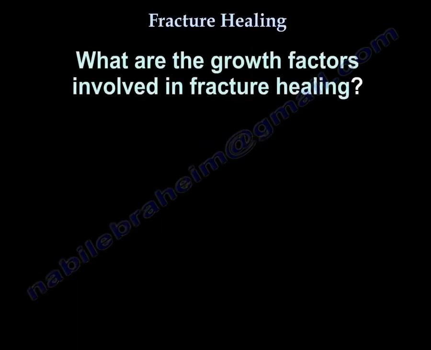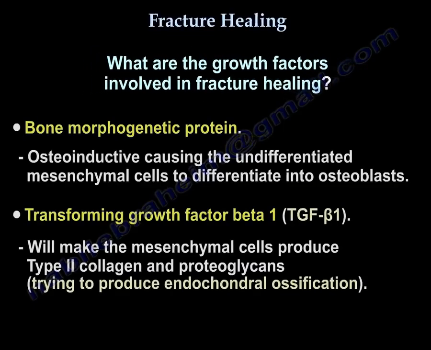What are the growth factors involved in fracture healing? Bone morphogenic protein is osteoinductive, causing undifferentiated mesenchymal cells to differentiate into osteoblasts. And you have transforming growth factor beta 1, which makes mesenchymal cells produce type 2 collagen and proteoglycans, producing endochondral ossification.